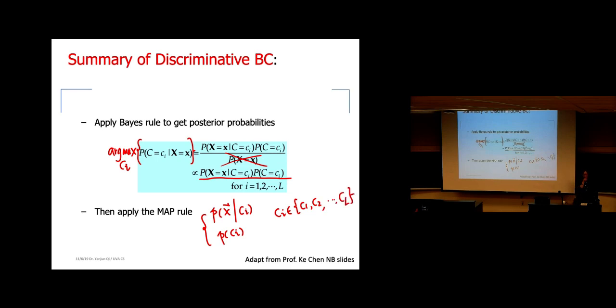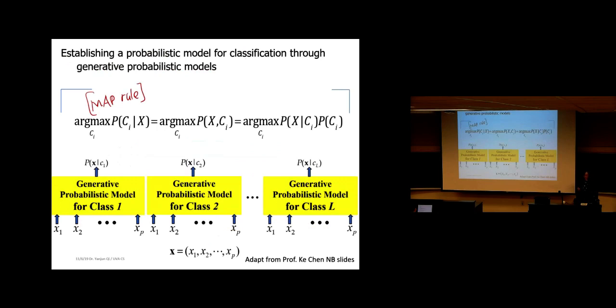Try to remember this, this is how you do the calculation. You estimate from data to get P(X given C) and also P(C_i).